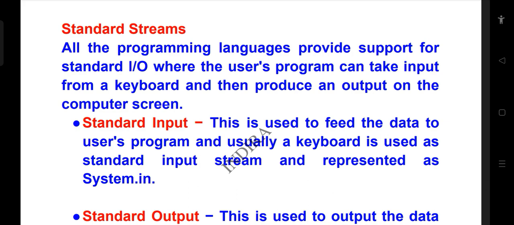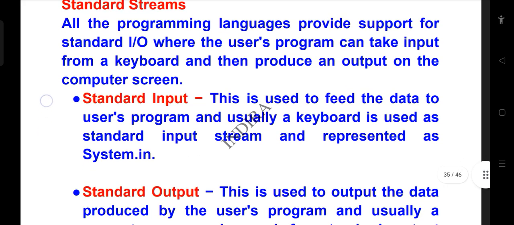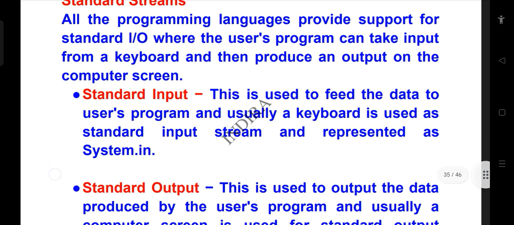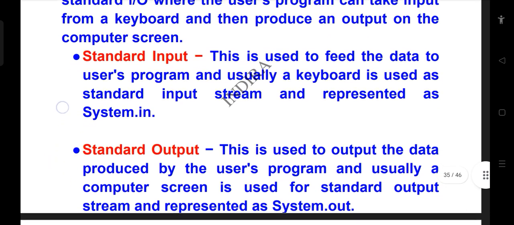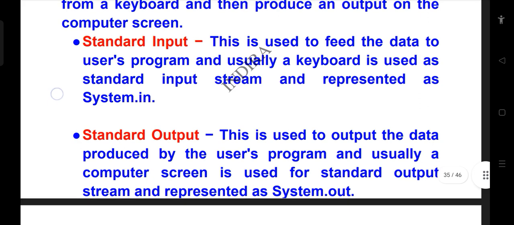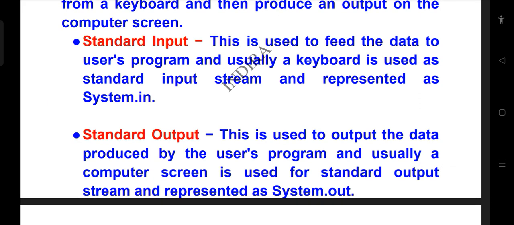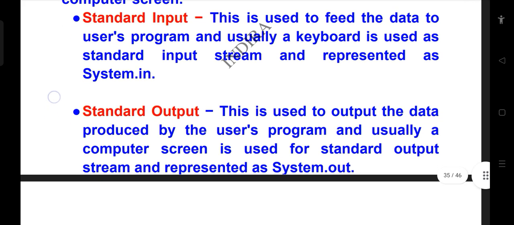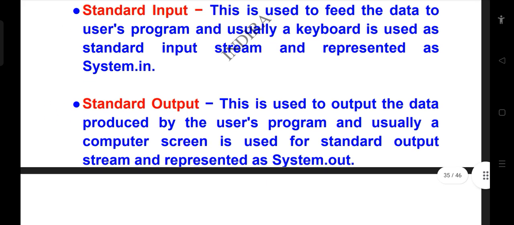The user can take input from a keyboard and then produce output on the computer. So standard streams consist of standard input and standard output. Standard input is nothing but the user manually giving data to the system, that means the user gives the data by using the keyboard. Standard output means displaying the output on the screen.